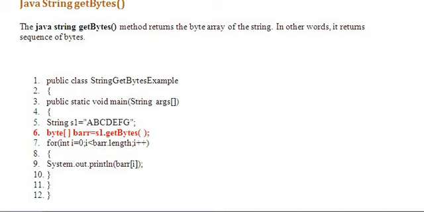That is the reason byte and brackets are open and the variable is barr. Look at line number 7. We use a for loop to print those elements.